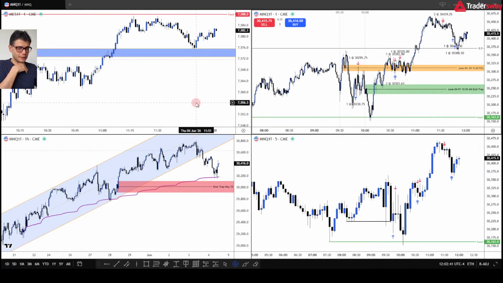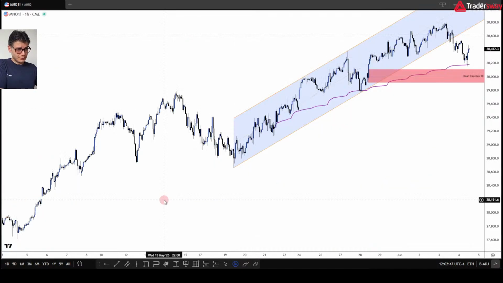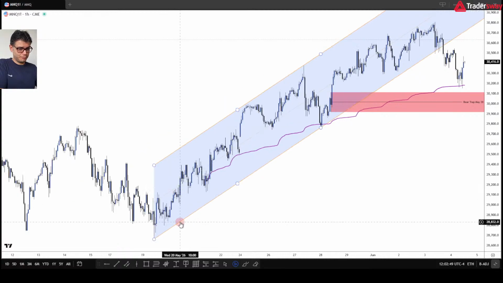The sell-off might resume or continue for a few days, because in the 1 hour chart, as you guys can see, we have broken below this bullish channel that was valid since May 19. Today is June 6, so that's 2 weeks of trading.